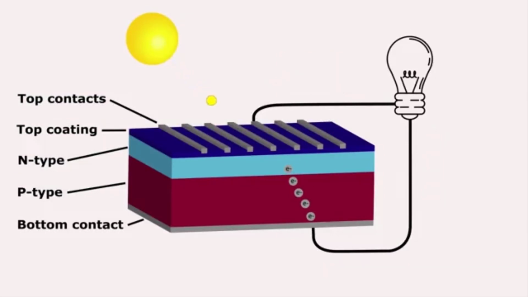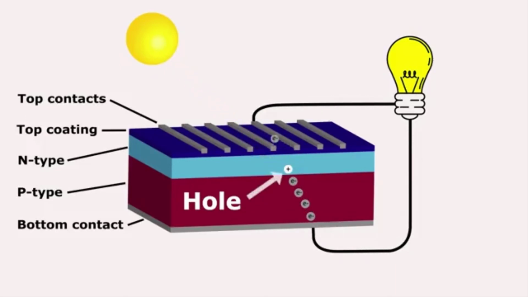When photons of light hit that photovoltaic cell, electrons are ejected from the N-type region, move into those top contacts, through the circuit, creating an electrical current. There's also a positive hole left in the N region by the absence of that electron. That's when the backfill movement occurs, where the electron from the P region fills the hole left in the N region.